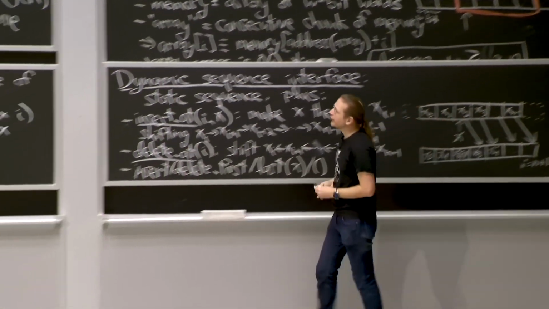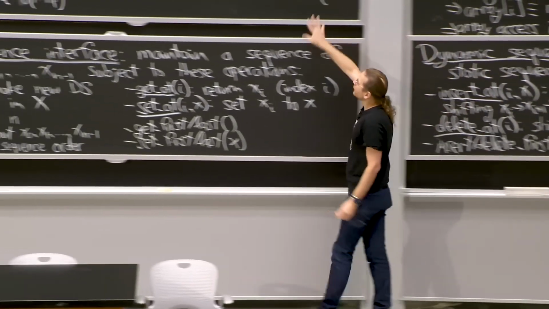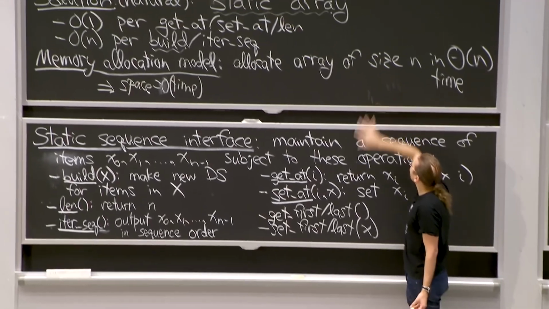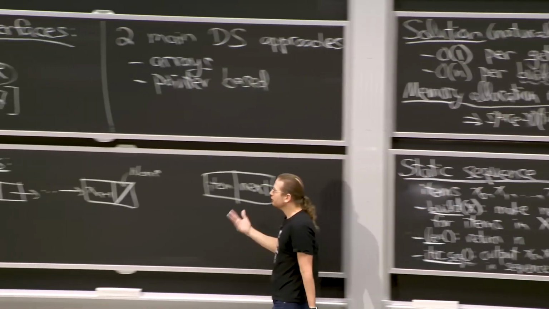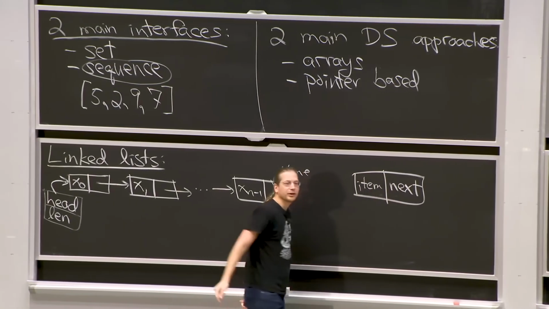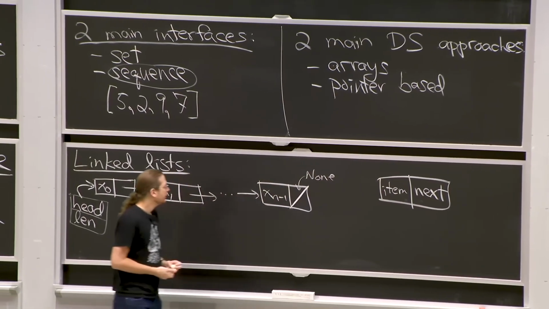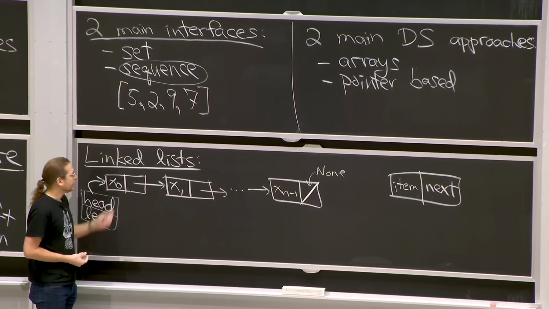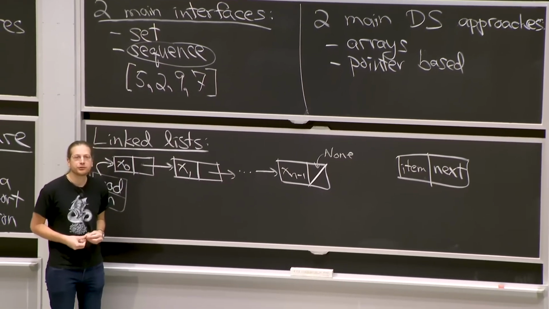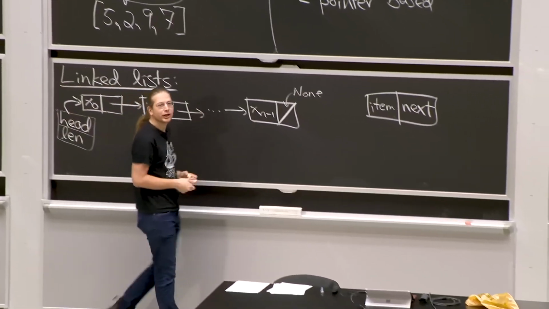We're using this fact that we can allocate an array of size n in linear time. In this case, we're going to have arrays of size 2. We can just say, oh, please give me a new array of size 2. And that will make us one of these nodes. And then we're storing pointers. Pointers are just indices into the giant memory array.